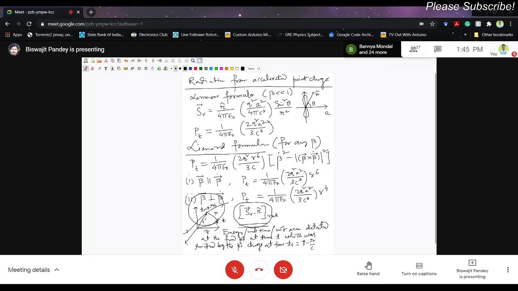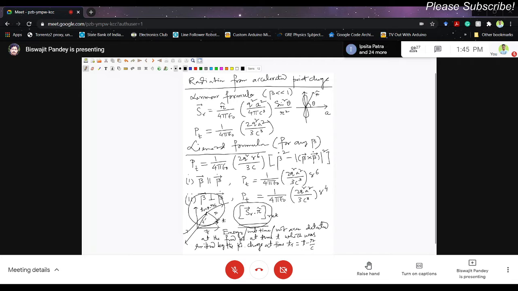The reason why I'm writing this, of course, you know the meaning of the Poynting vector, so I don't need to explain what the Poynting vector is. But the reason why I am emphasizing it is that there are two times involved in this. One is the retarded time, the time associated with the moving point charge, and the other is the time measured by the observer at the field point.